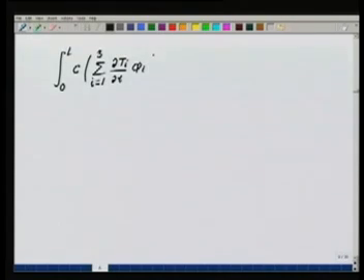For our particular problem, in the general case, we will replace this by n. So let me replace it with n in the general case.